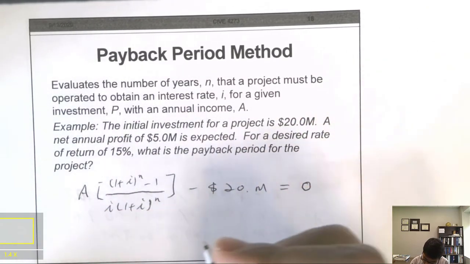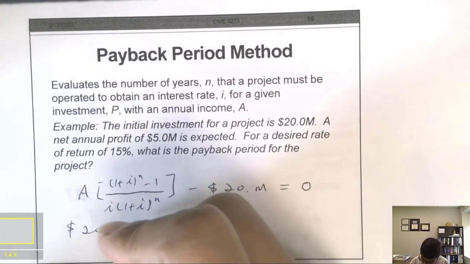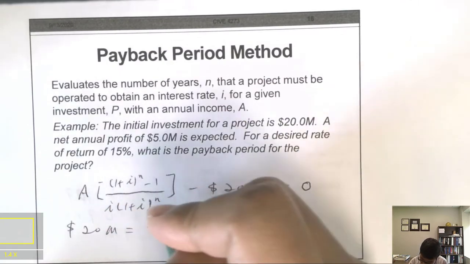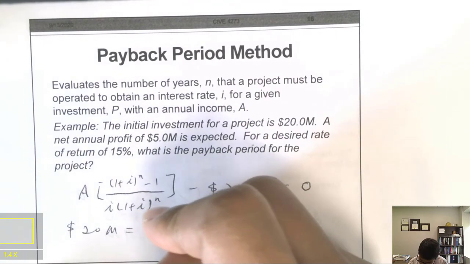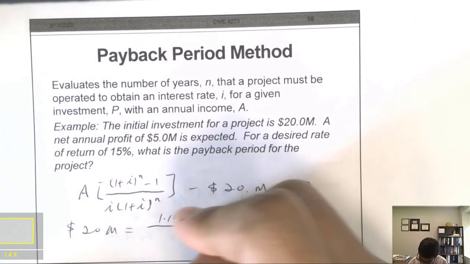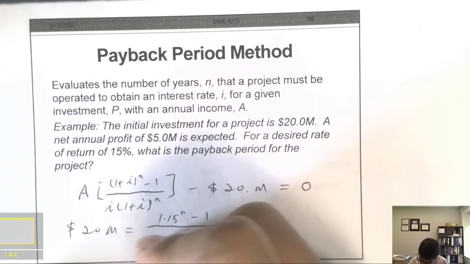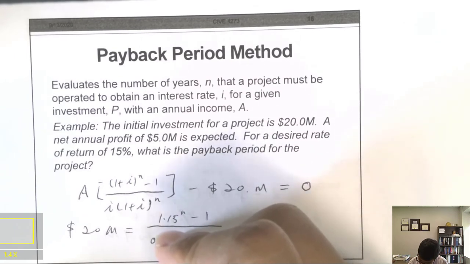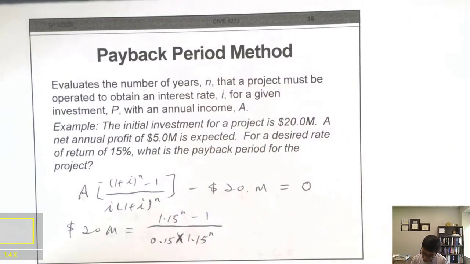So $20 million is equal to, we plug in 15%, which is 1.15 to the n power minus 1, over 0.15 times 1.15 to the nth power.